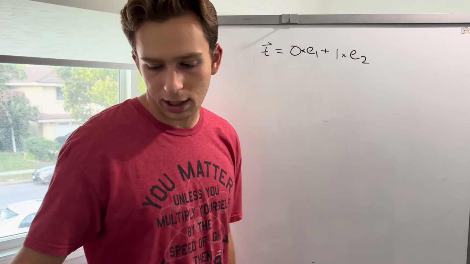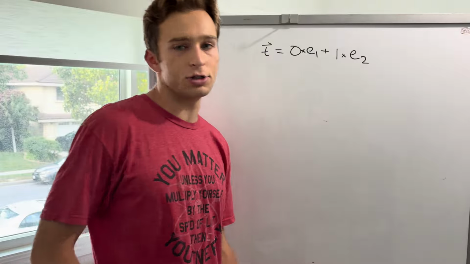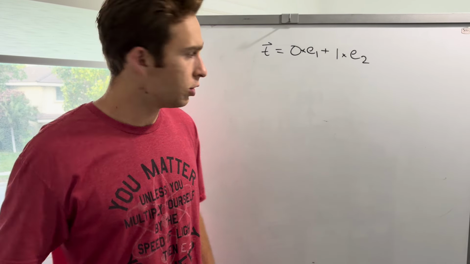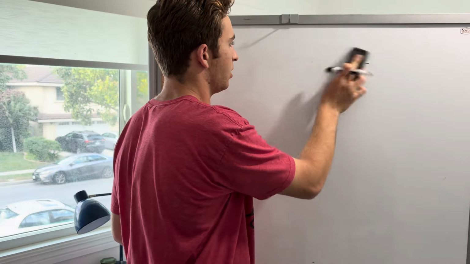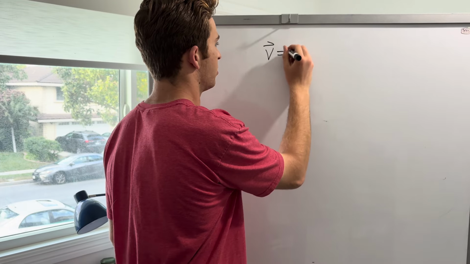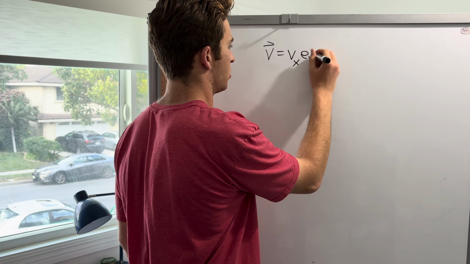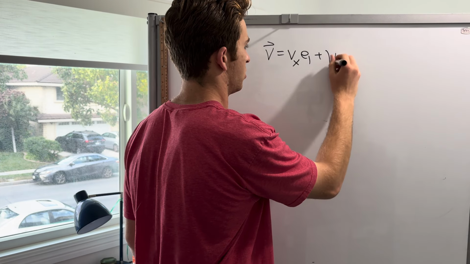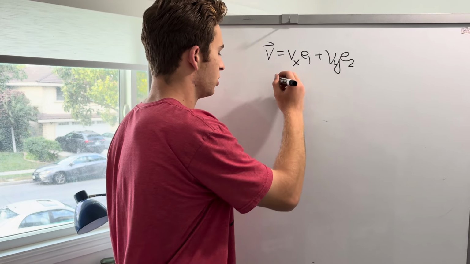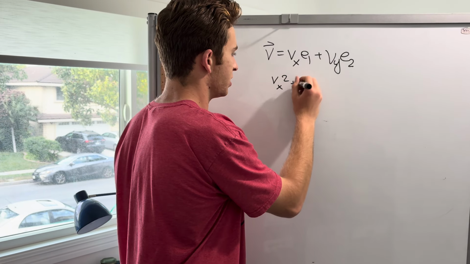So how do we fix that? Well, we introduce something called the metric tensor. Earlier, I said that the length of a vector v was vx squared plus vy squared.